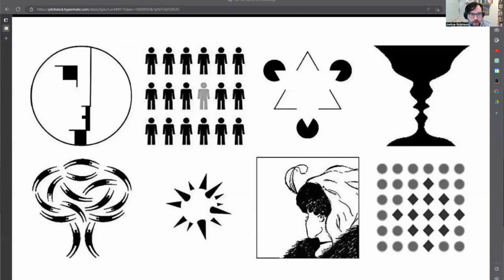Here's an example where you can't help it. Your brain is just going to fill in the gaps and predict what these objects are. It's going to fill in the gaps without you even telling your brain to do it. So this is called Gestalt psychology, the theory of Gestalt.